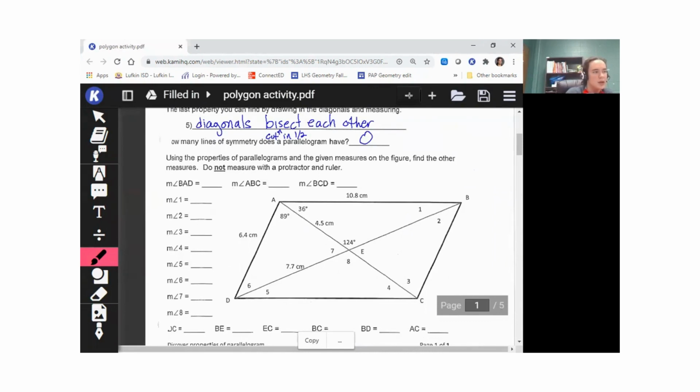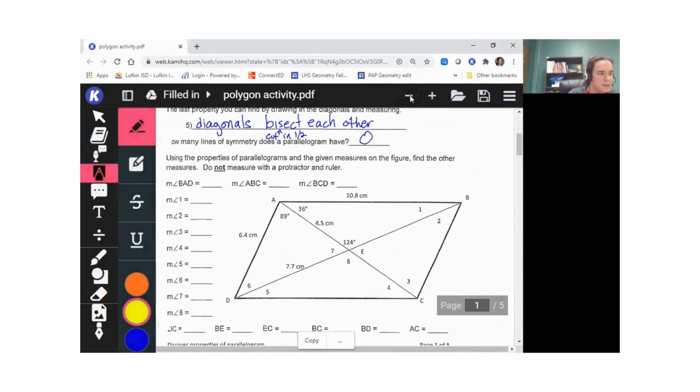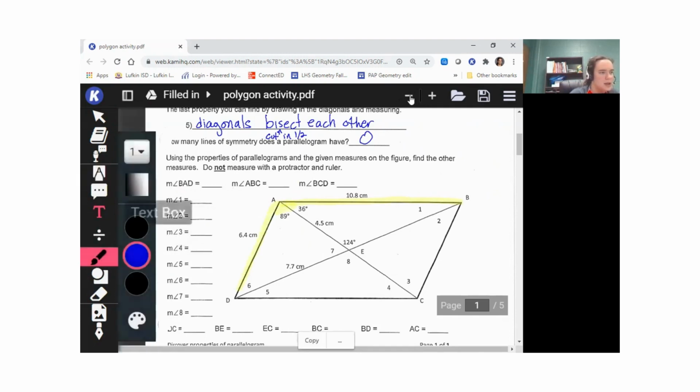So next up, we want to fill in the different angles and lengths. Our first angle that we are looking for is angle BAD. So this corner, and we can add 89 and 36 together. And when we add 89 and 36 together, we get 125 degrees for that entire angle.